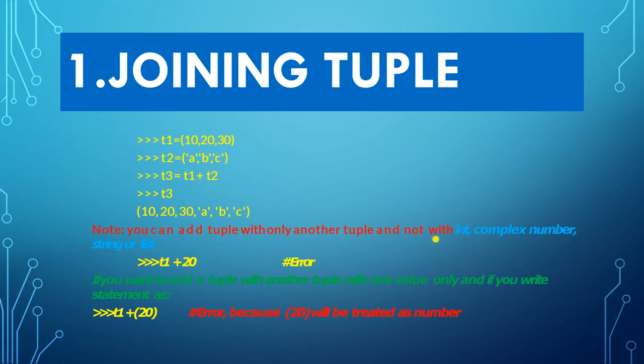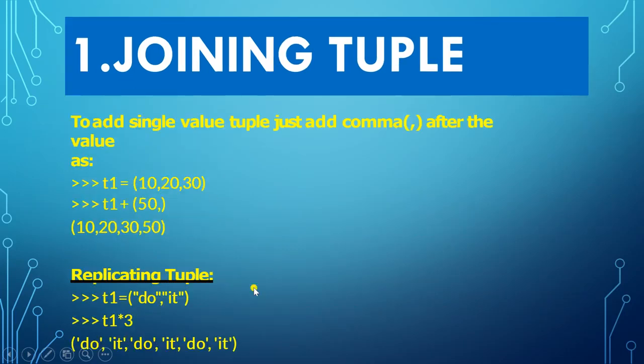And if you try to add a tuple with an integer value, complex number or string, then it will give you an error. For example, here you want to add the element 20 to T1, so it will give you the error. Okay. Next, to add a single value tuple, just add a comma after the value.